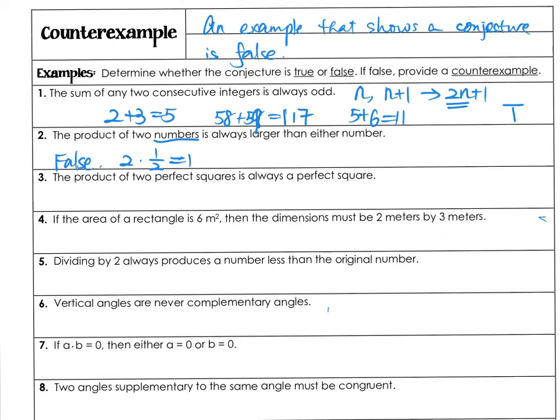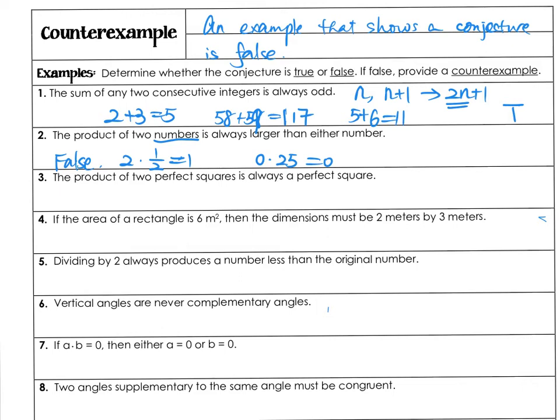That 1 is less than 2, right? And what else? Product of two numbers. All the odd things always seem to happen with 0 or 1. So 0 times 25, I would have 0 rather than a number that's greater than 0 and greater than 25. So this one is definitely false.